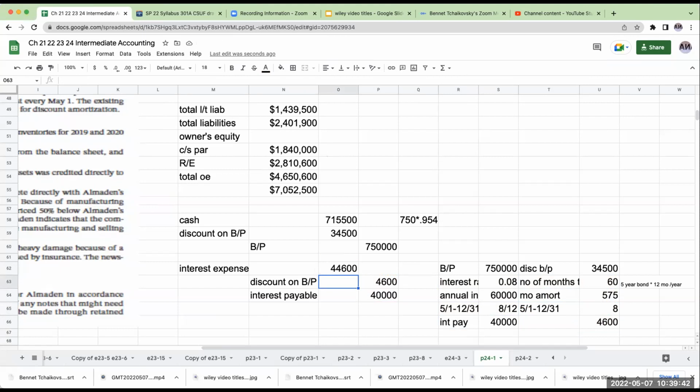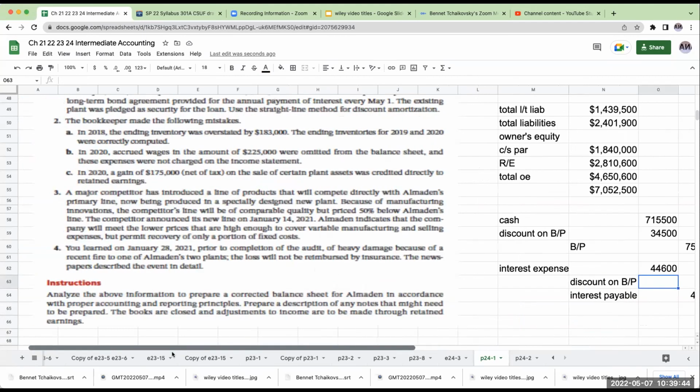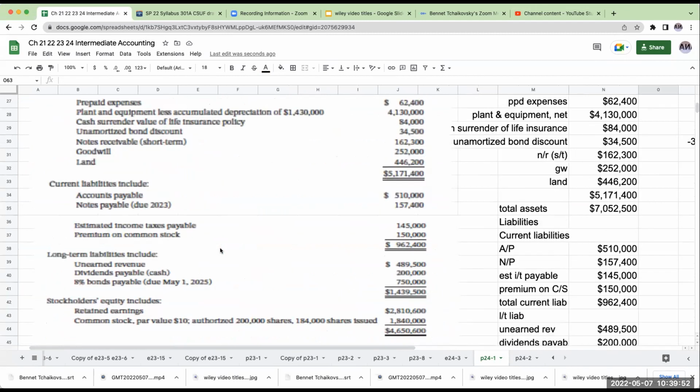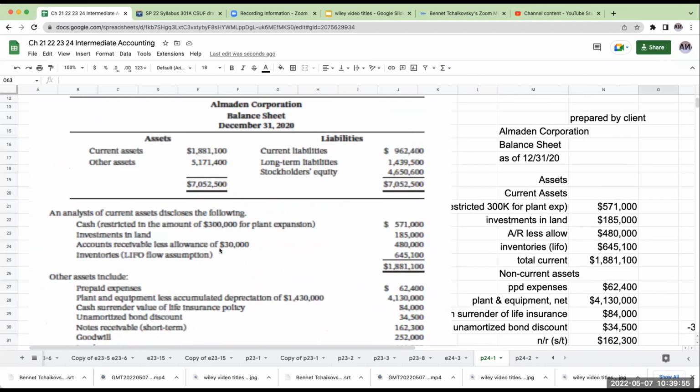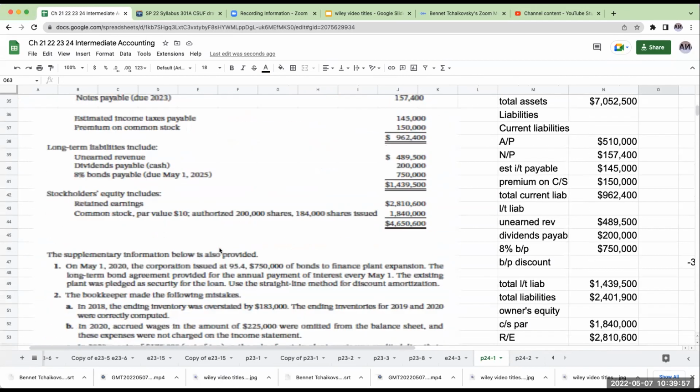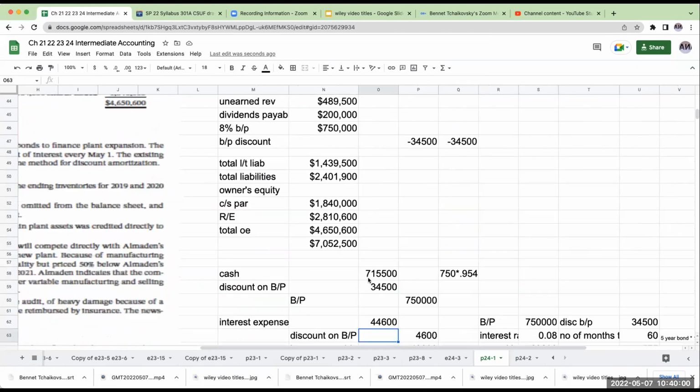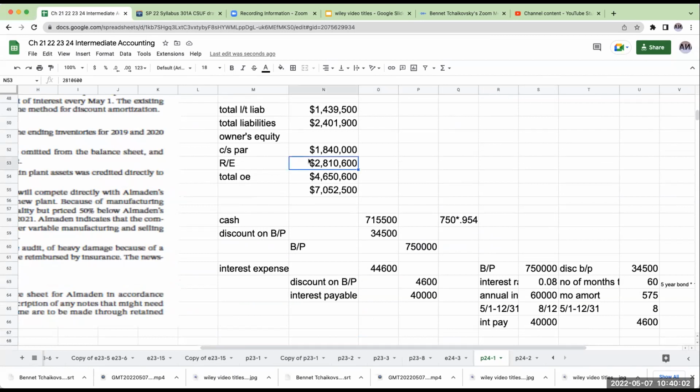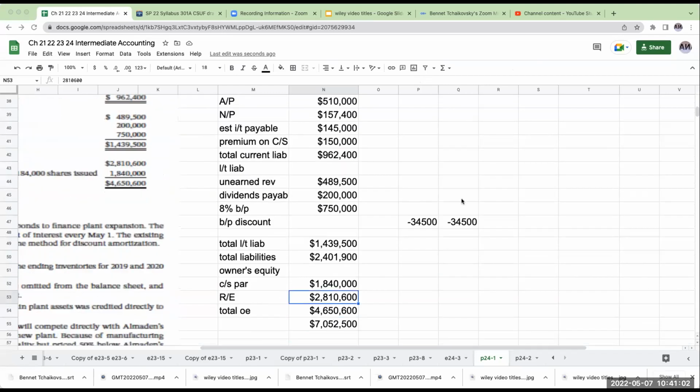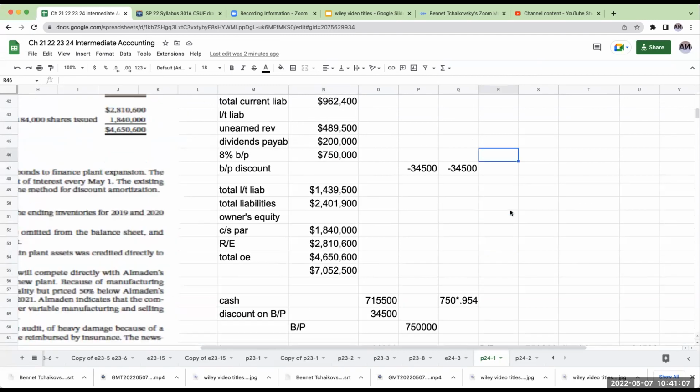I need to check something really quickly in the problem, because I wouldn't necessarily want to add back something to retained earnings unless it was going to be net of tax, but just give me a moment. Okay, they didn't make any adjustments over here. So we'll just make the best of it, right?